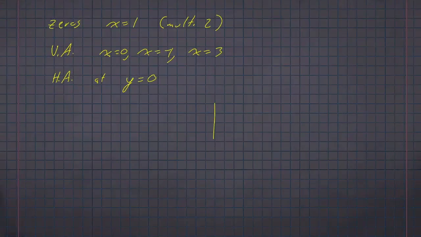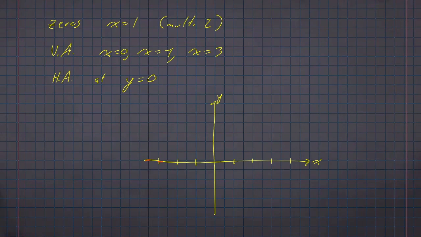So, sketching out some coordinate axes to work with, I can draw in my horizontal asymptote and my 3 vertical asymptotes, along with my zero at (1, 0).